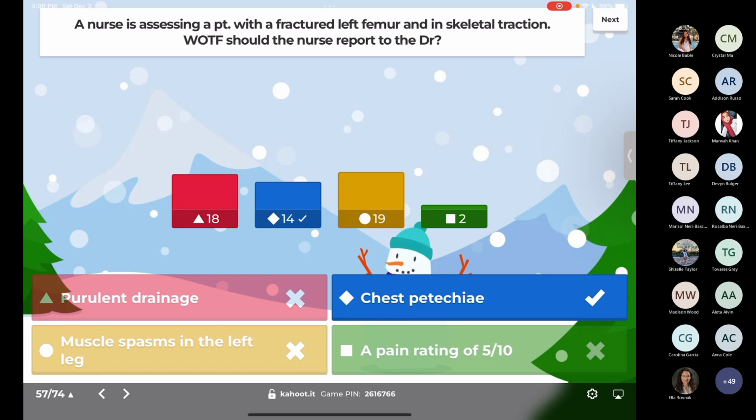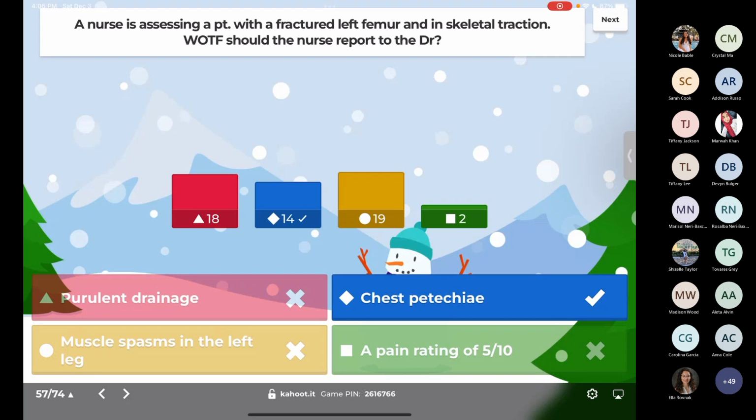Good job, guys. So chest petechiae is a priority concern because I'm thinking that there is a fat embolism. To tackle these questions, we can look at things that are normal. Some drainage after a fractured femur is a little bit abnormal, but what would I report to my provider?